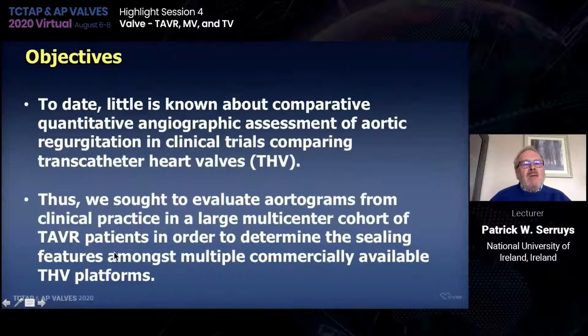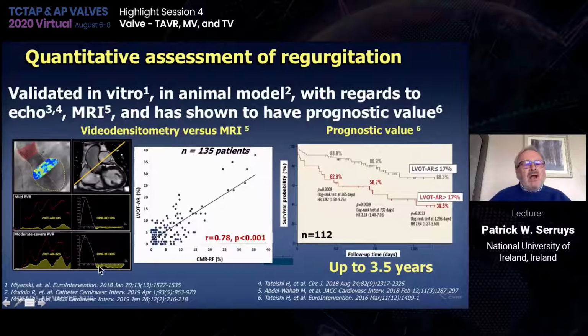You see here an MRI with the classical regurgitation fraction of 33%, found in this case to be 32% by video densitometry. This is a pretty good relationship if you think that the aortogram was done after the procedure and the MRI in the place of Wahab within 30 days. So we were quite pleased by this relationship.